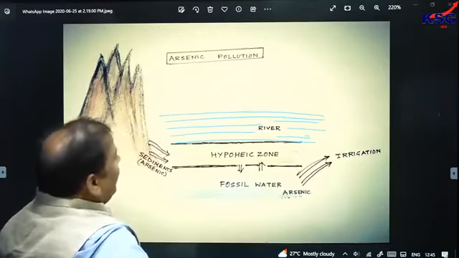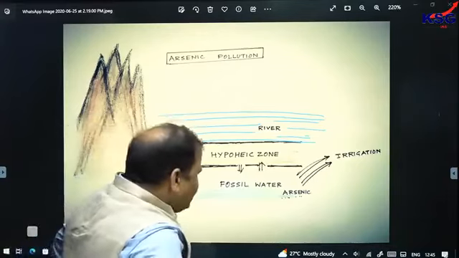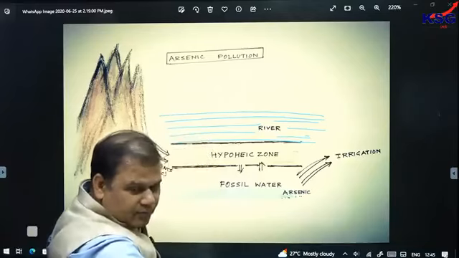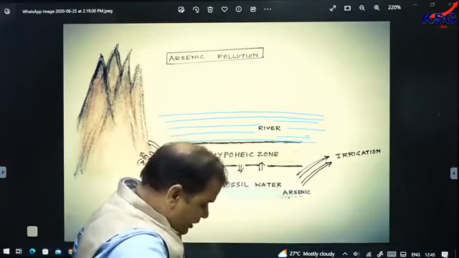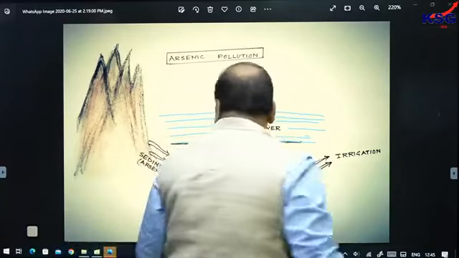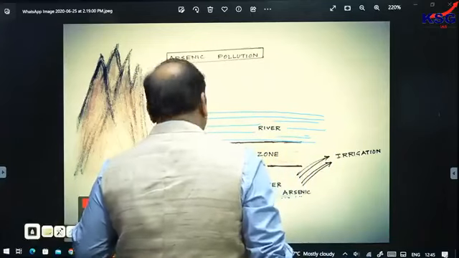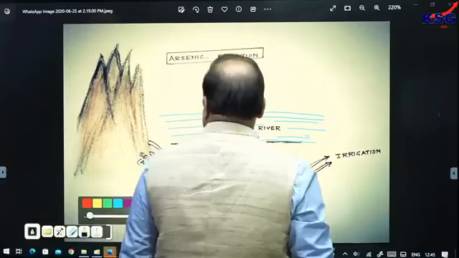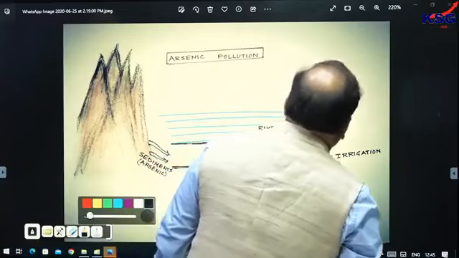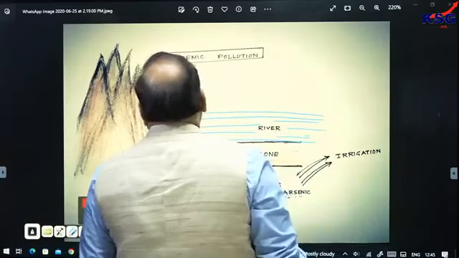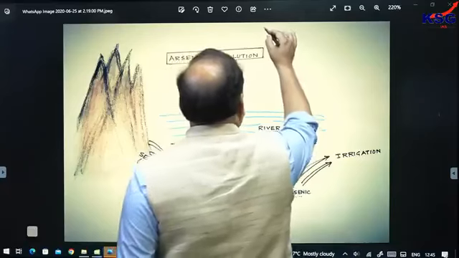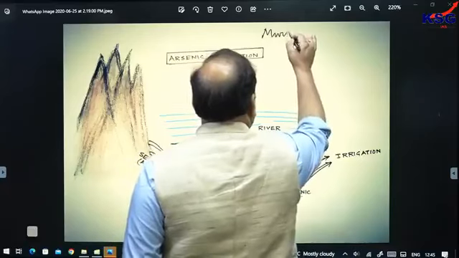Arsenic pollution in the northern plains of India. The first reported case was from Murshidabad.